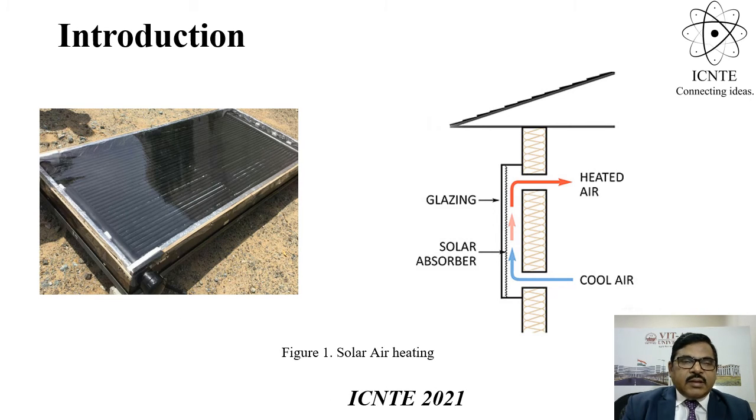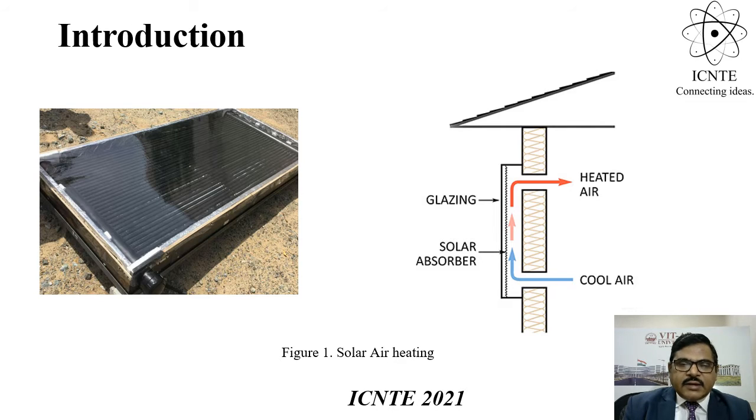Here you can see the plastic solar air heater. The cold air will enter from the bottom header and it gets heated up. As it moves, it gets heated up and then it will exit from the top header.